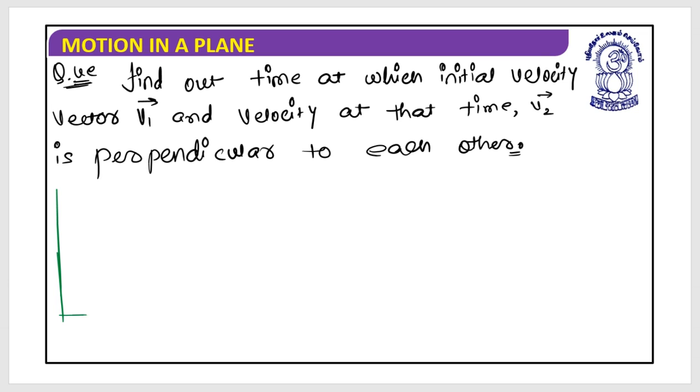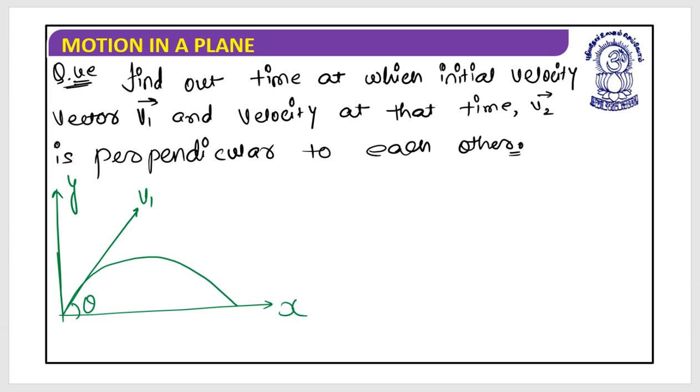First, let's assume what they probably want from us. This is the projectile, and this is the initial velocity vector, at angle theta, and this is v1.